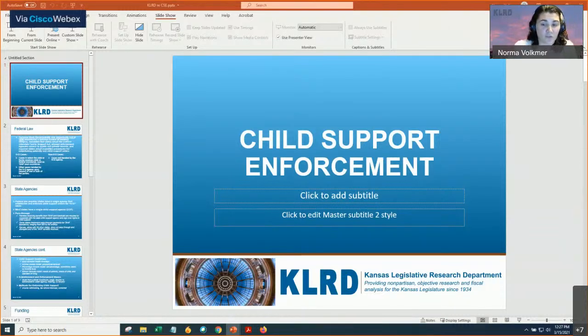Your main performance measures for which a state receives incentive funds include establishment of paternity, percentage of cases with support orders, collection of orders, collection of arrears, and the cost effectiveness. And so the federal match and incentive dollars have to be invested back into the state child support programs. And there are also penalties for failing to hit certain performance target measures.